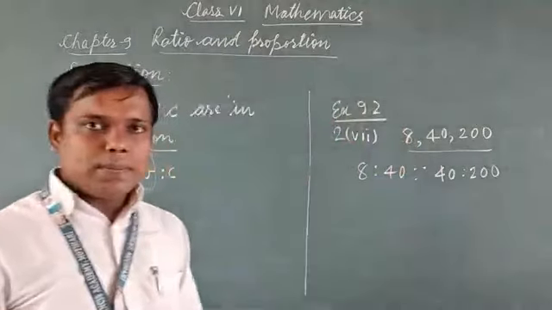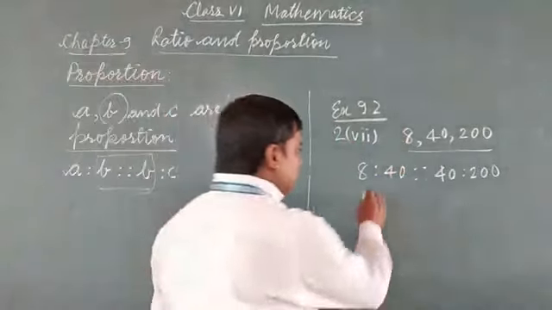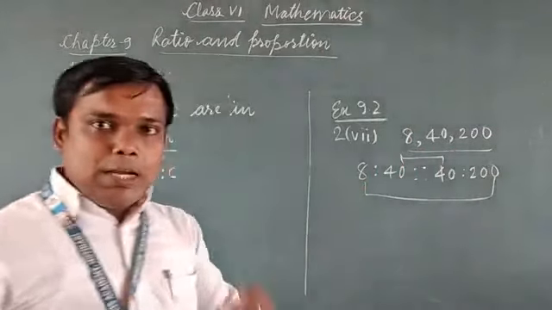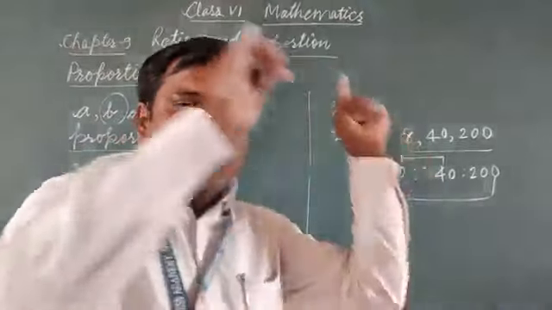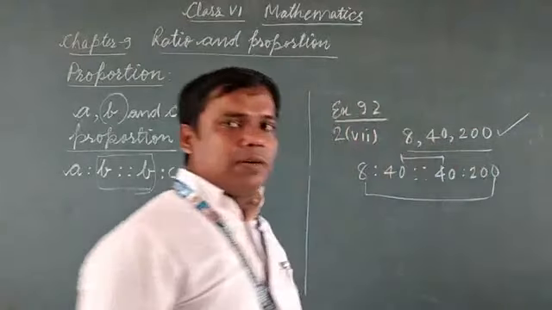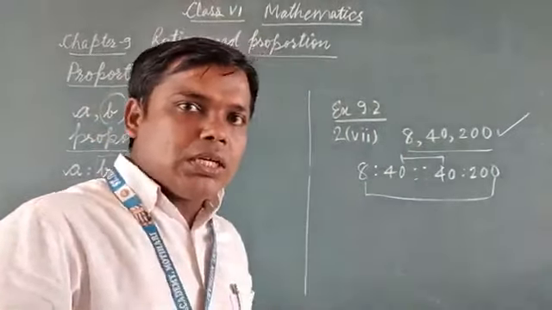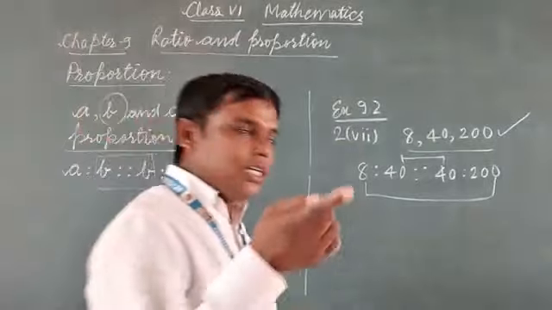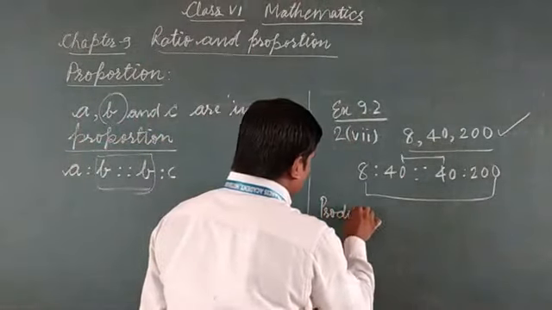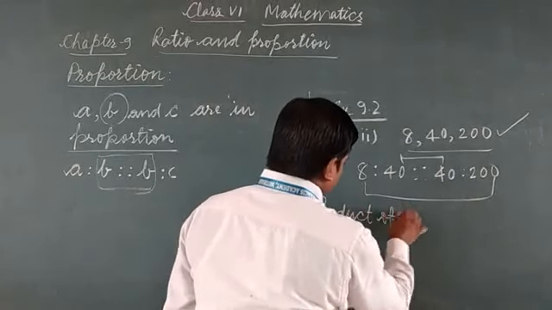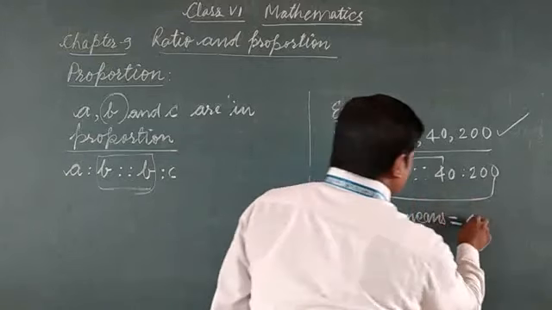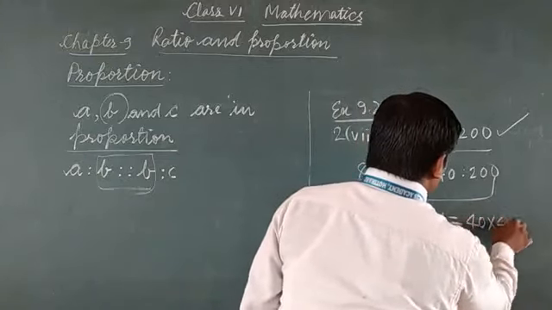Now we will multiply the extremes and we will multiply the means. If the product of extremes is equal to the product of means, then we say the set of numbers given are in proportion. If not equal, then we say they are not in proportion. So we write the product of means: 40 into 40.